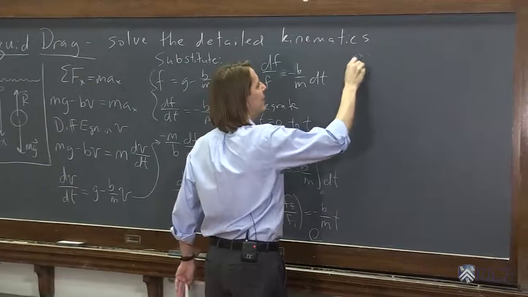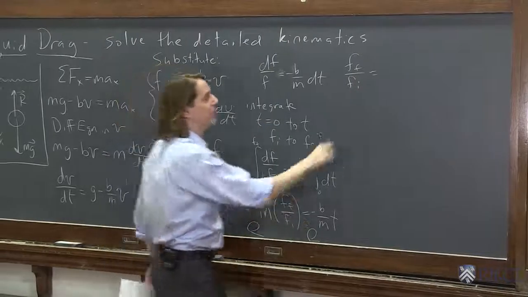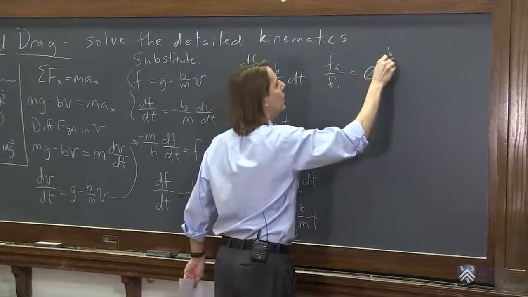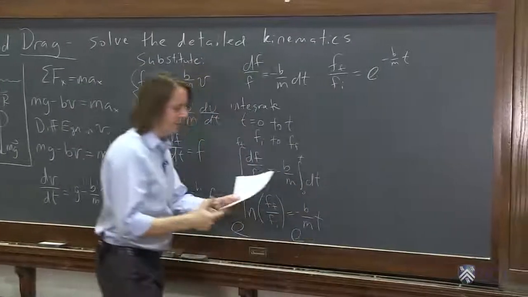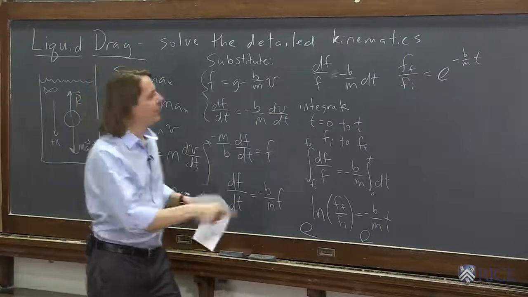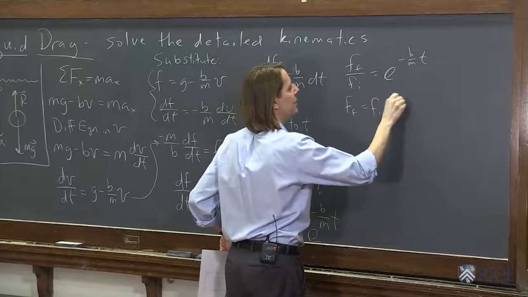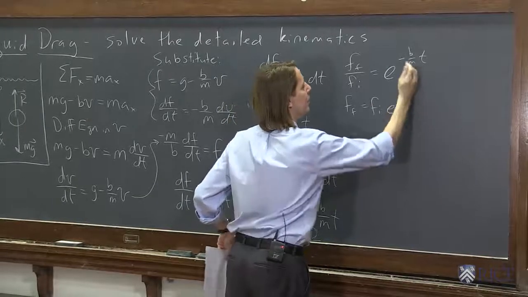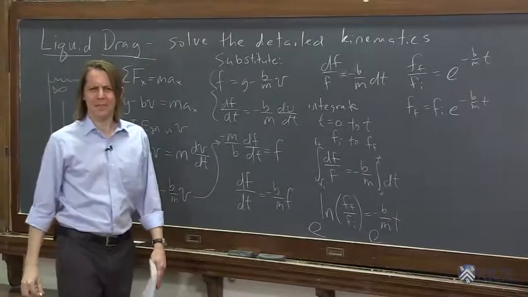So this means that f over fi equals e to the minus b over m t. All right? So then, quick way to get there, let's say ff equals fi e to the minus b over m t. But now we have to think, what is ff and fi?